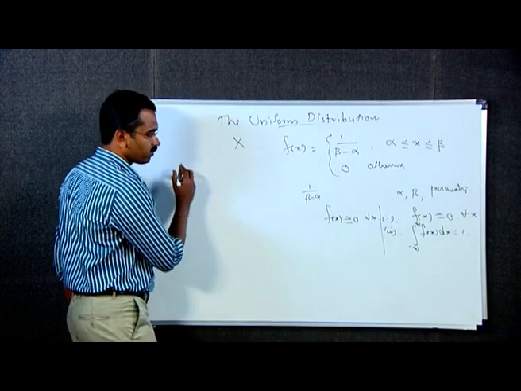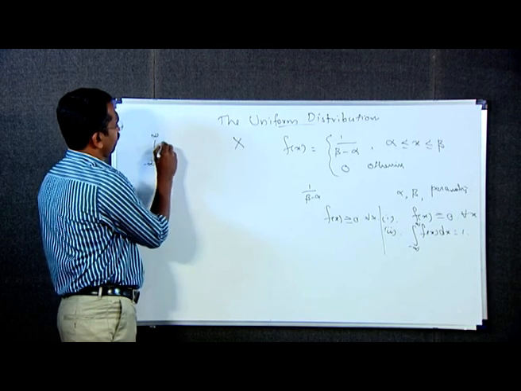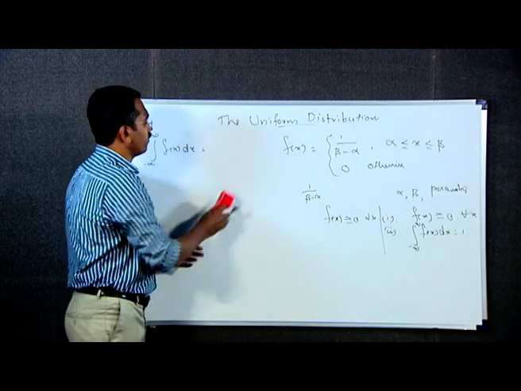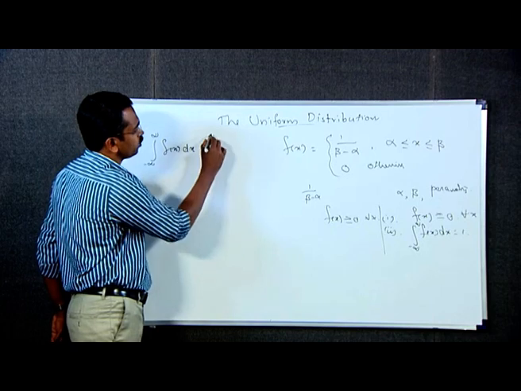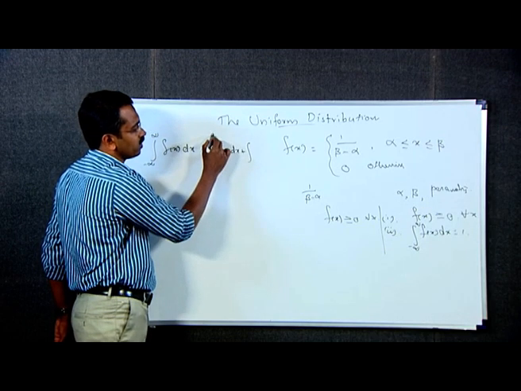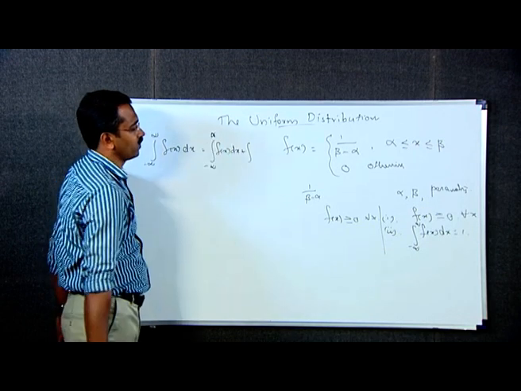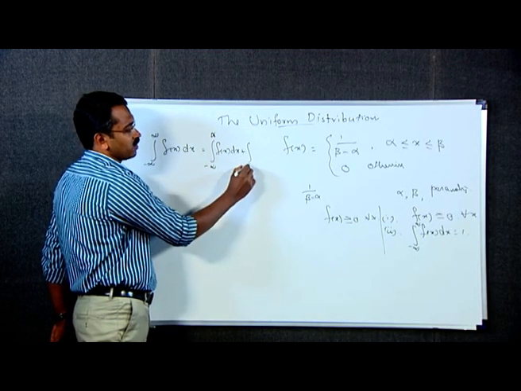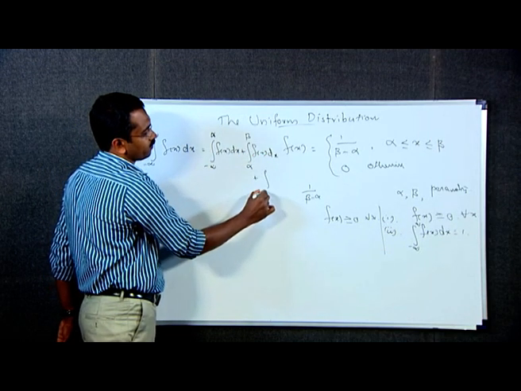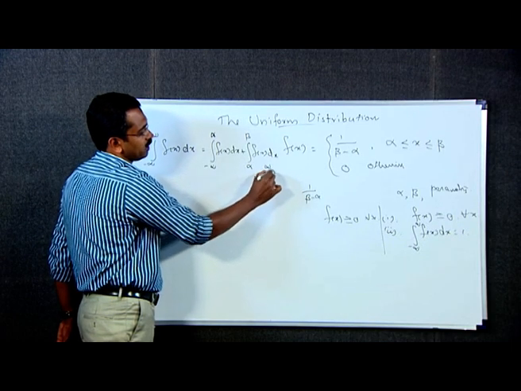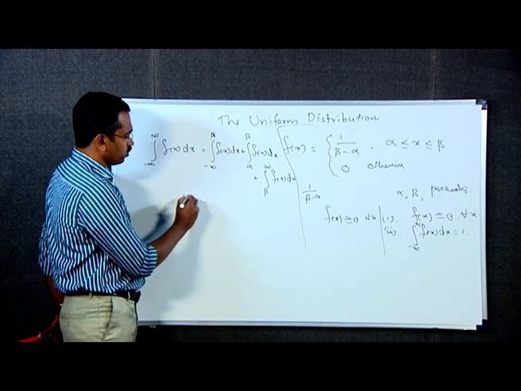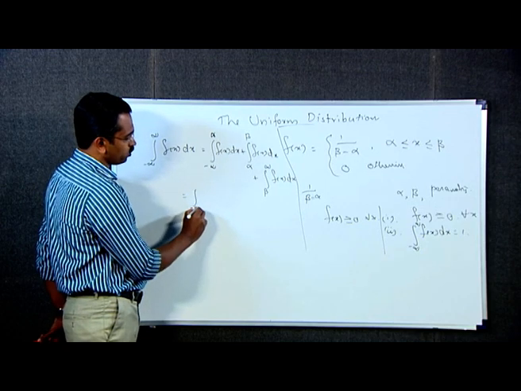Here integral from minus infinity to infinity f of x dx is equal to integral from minus infinity to alpha f of x dx plus integral from alpha to beta f of x dx plus integral from beta to infinity f of x dx, which is equal to integral from minus infinity to alpha.